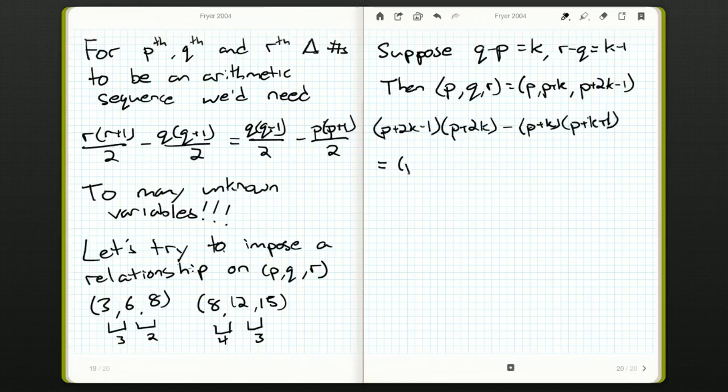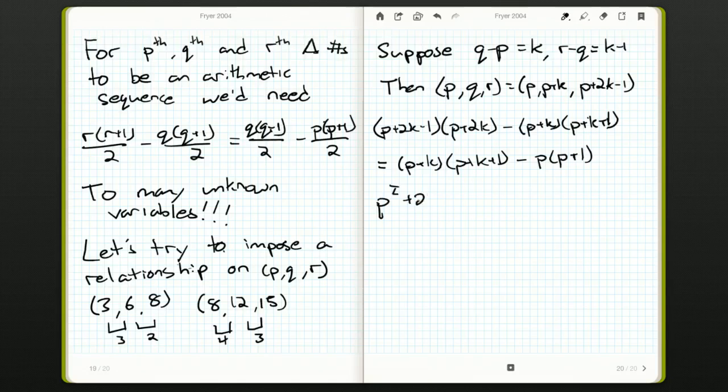And that's P plus K, P plus K plus 1 minus P plus 1. All right, so this looks a little lengthy, and we're going to get some P squareds and some K squareds and some PKs in here, but we're likely on the right track. I guess we just have to expand this out.